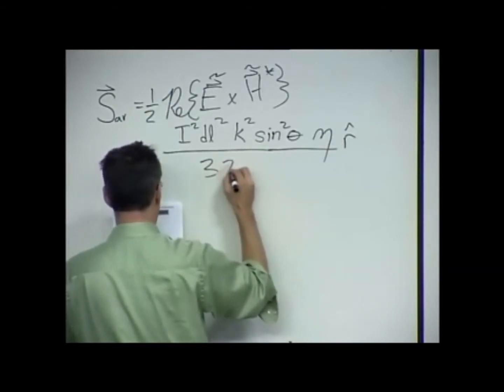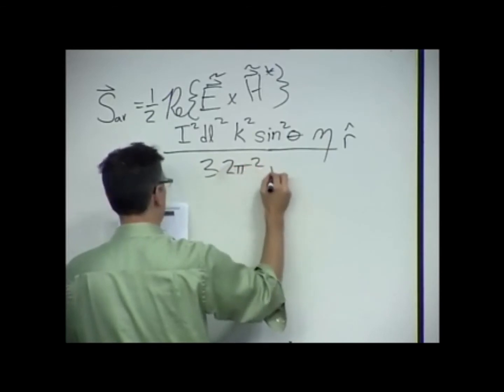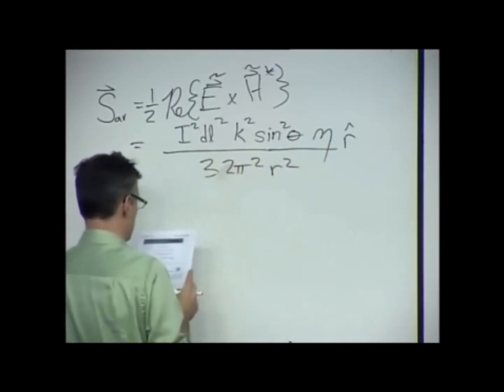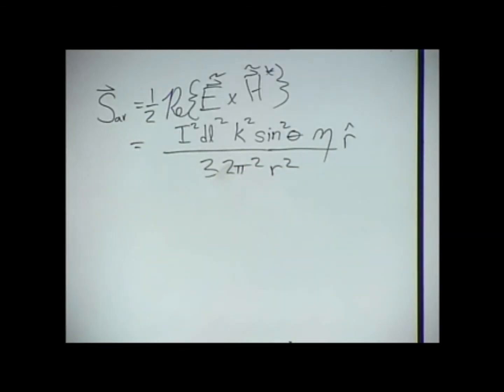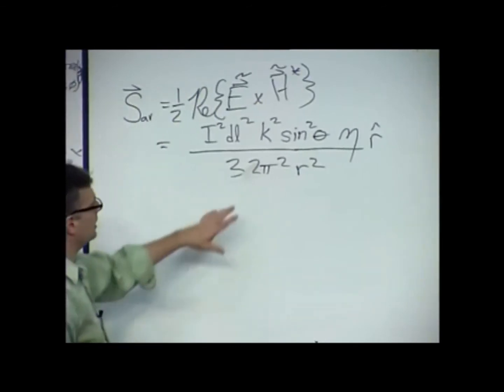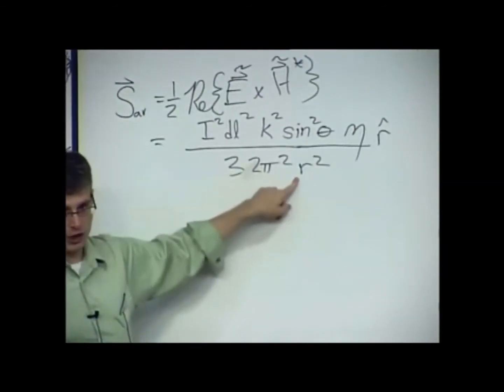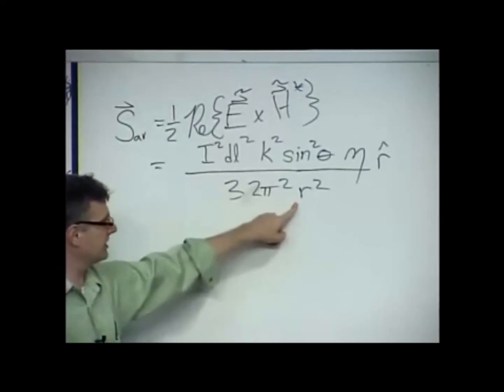In the denominator, I've got a 32 pi squared and an r squared. Notice it falls off 1 over r squared. That makes sense. That's good that it worked out that way.